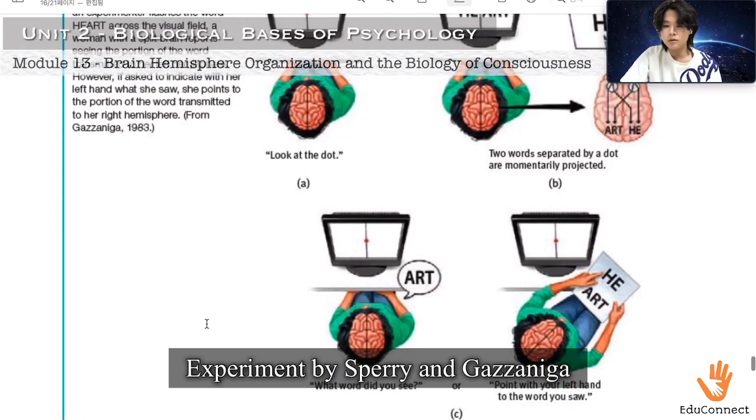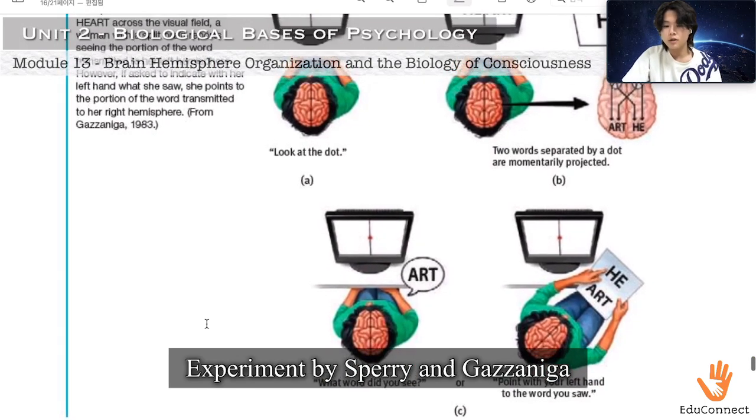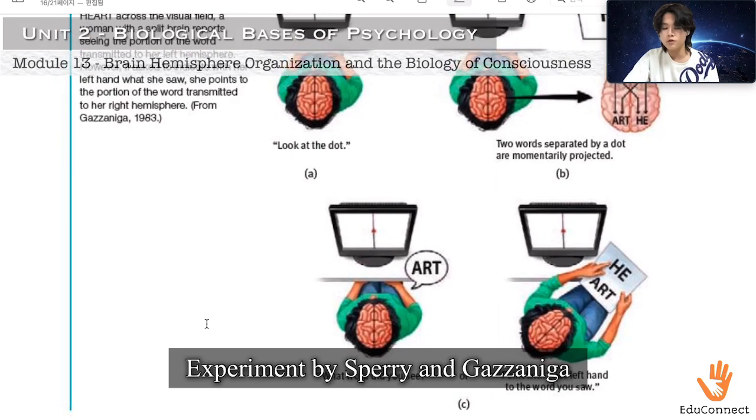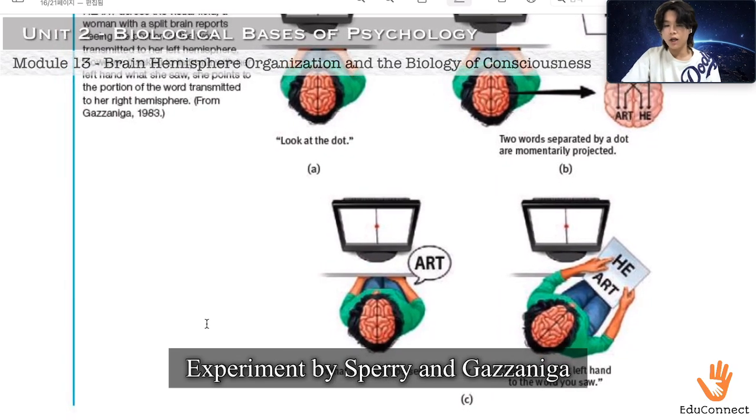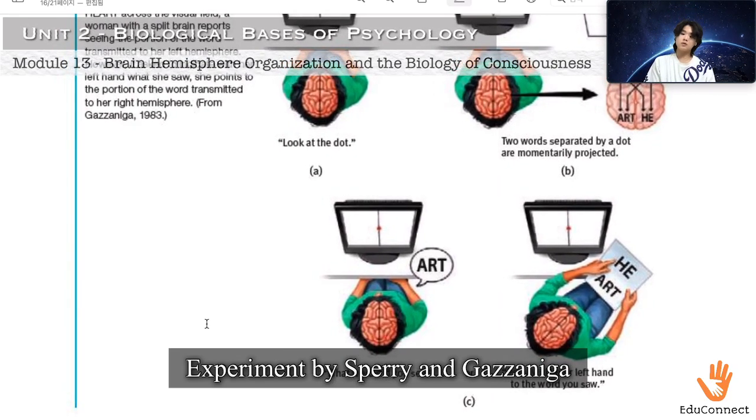When the woman is asked to point with her left hand to the word she saw, she points at HE. So her hand-eye coordination is impossible because she has a split brain and information cannot be transferred across her brain and between her fingers.